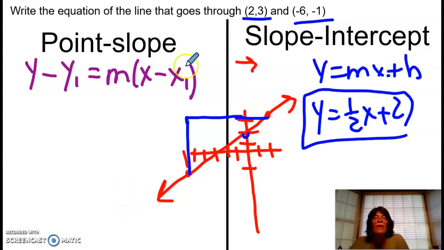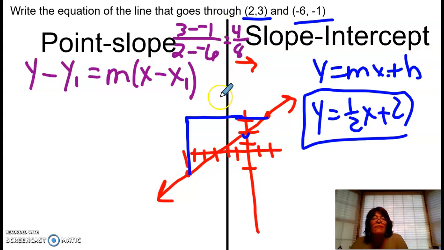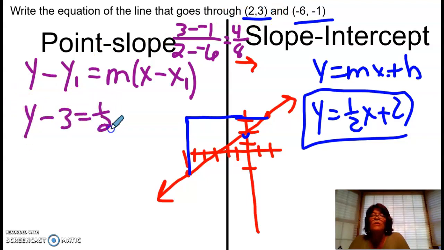Okay, so I still would have had to find the slope the same way I found the slope over here by subtracting the y's. I'll go the other way just to show you get the same thing. And then subtract the x's. That would have given me +4 over +8, which is a half. I still would have had to do that. Okay, but now what I do is I pick one of the points. I'll pick (2, 3), and I say y minus the y coordinate equals slope times x minus the x coordinate.